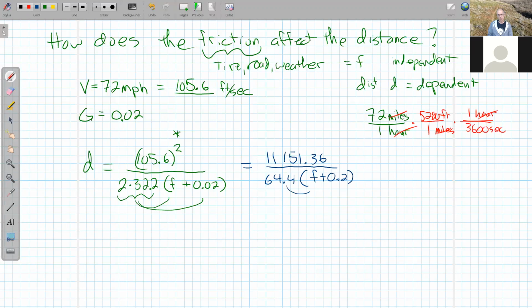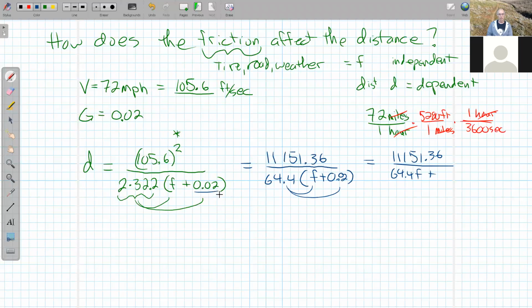And I could distribute the 64.4 through there. So then I need to know, let me write this down, I have 64.4 times F, and what is 64.4 times 0.02?